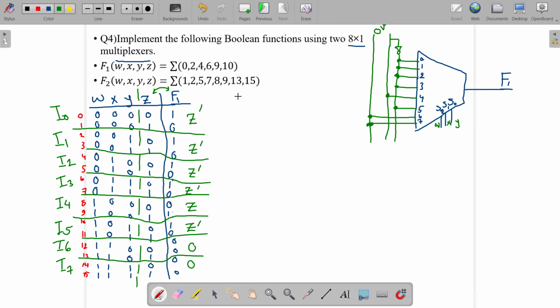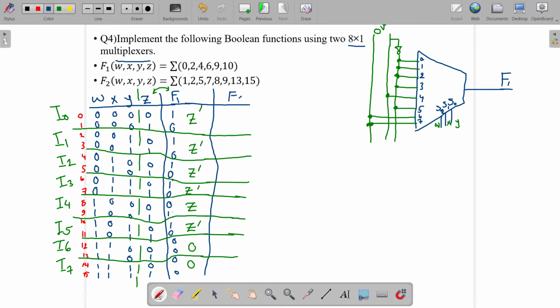Now for the F2 we do the same thing in this form. Because all of the possible combinations are the same, we can continue this table in this form and say that for the F2 we have the same division of the table.